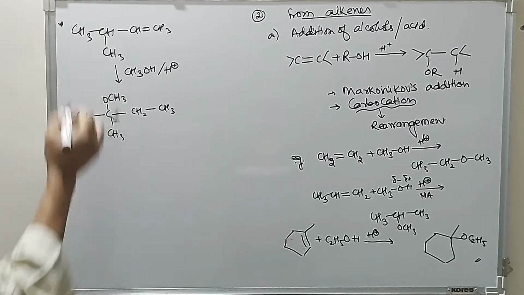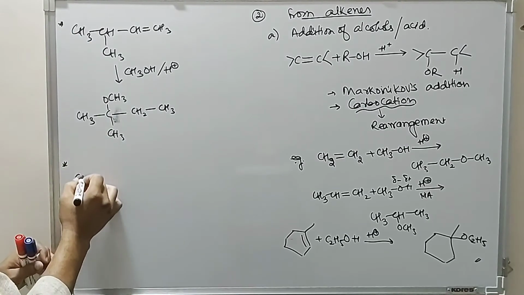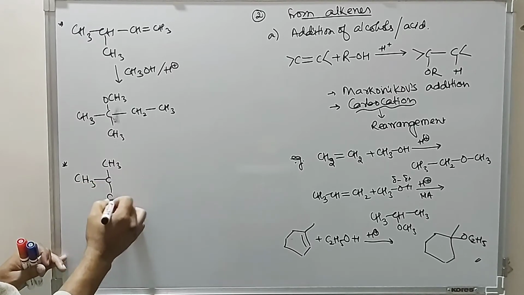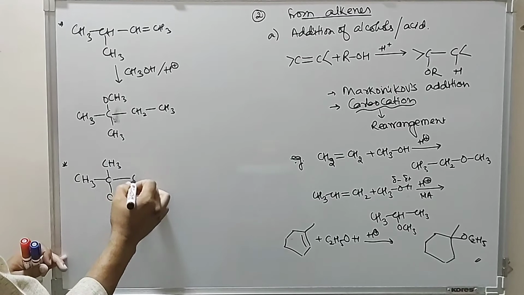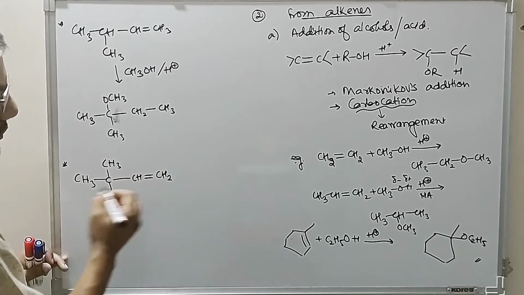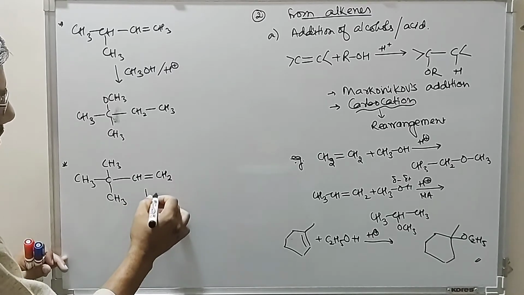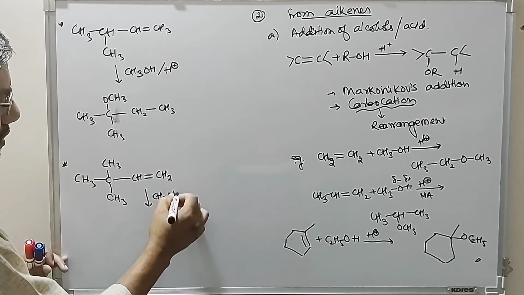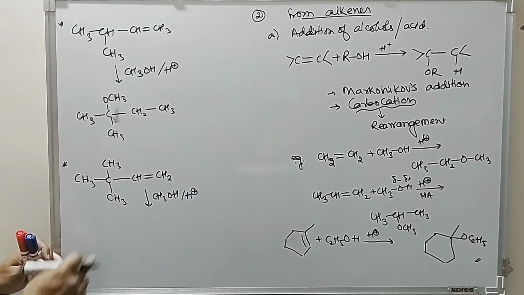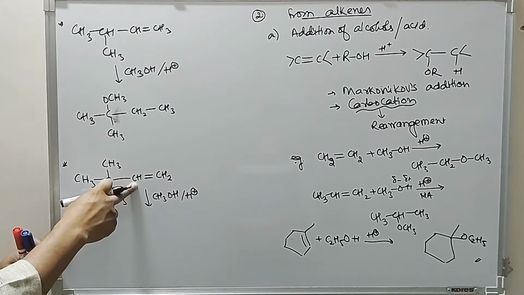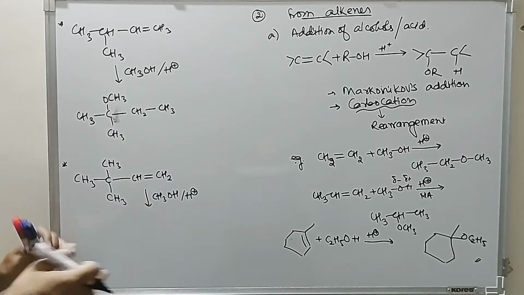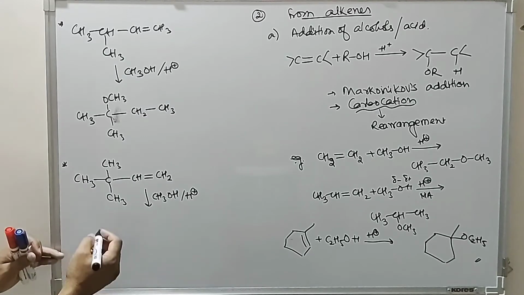Take this example also. CH3, CH3, CH3CH double bond CH2. If this reacts with methanol in presence of mineral acid, in the first step there is a formation of secondary carbocation followed by a methyl shift to give a more stable tertiary carbocation.